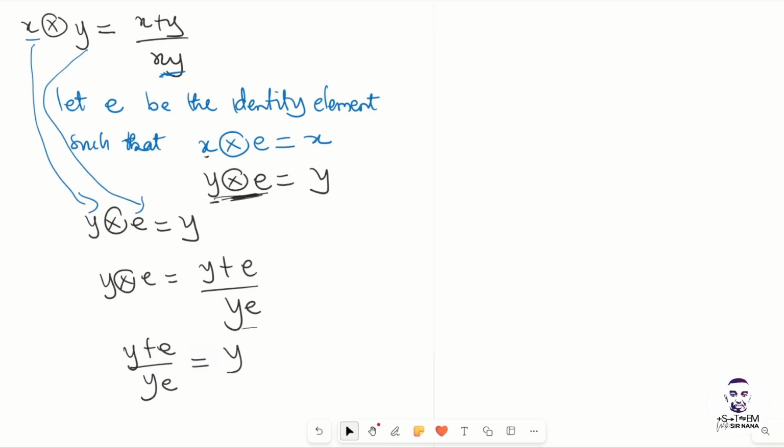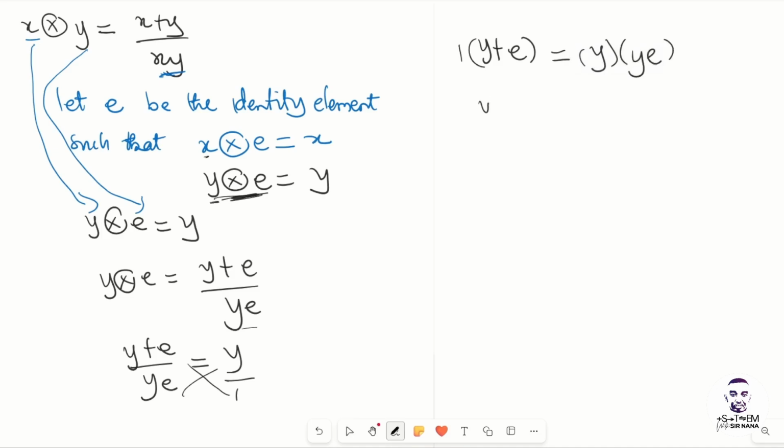Now once we get here, all we have to do is to simplify and make E our subject. So we can say let this y be over 1, and then we have y plus E, all this multiplied by 1. As we cross multiply, it will be equal to y multiplied by yE.